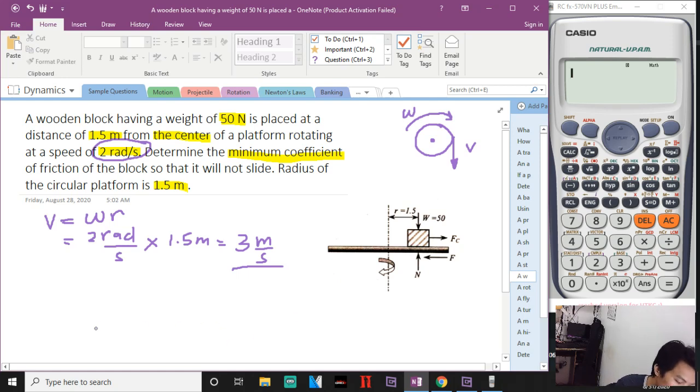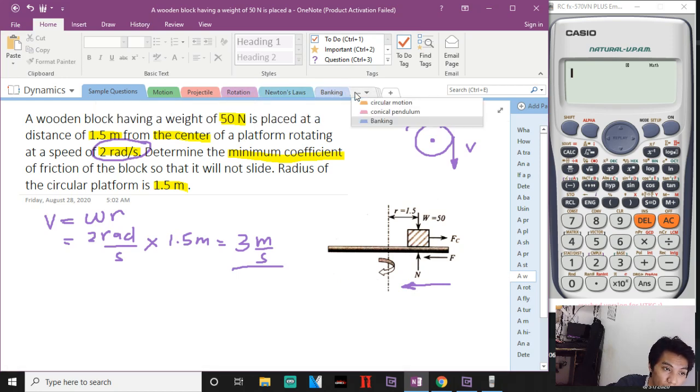Now, we'll go with the block. Okay? Ano bang force ang meron ka dyan? Okay? So, let us define. Meron kang force na towards the middle. And that is what? That is centrifugal ba? No, that is centripetal. That is the middle seeking force. So, let's go with the formula.